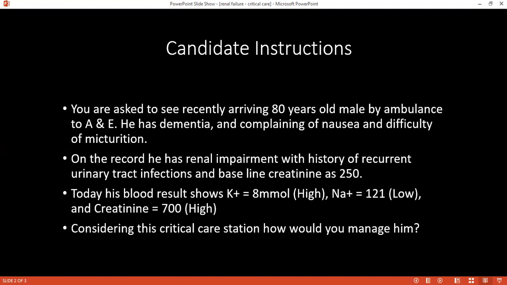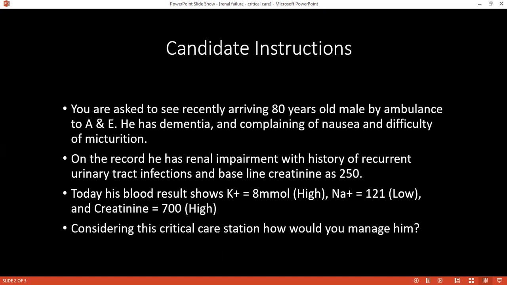Can you tell me why knowledge of the cardiac effects of potassium could be beneficial for surgical candidates, surgical aspirants? I couldn't understand. Please, can you repeat the question? Hyperkalemia and the effects of hyperkalemia on the heart.